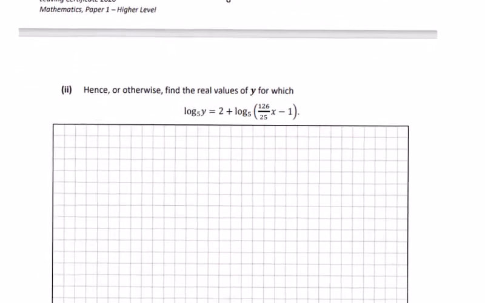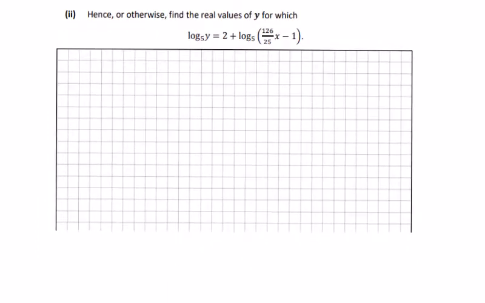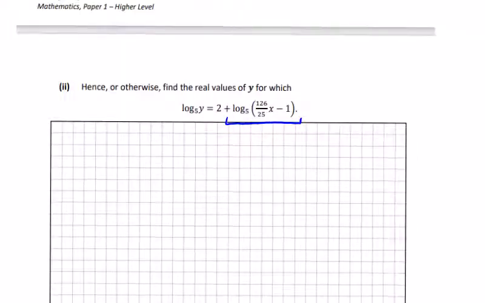And part 2 of this question: hence or otherwise, find the real values of y for which the log to the base 5 of y is equal to 2 plus, and you can see this equation here that we have to solve. So we can write the left hand side as what we got our answer to be, and the right, so why don't we start off by doing that?